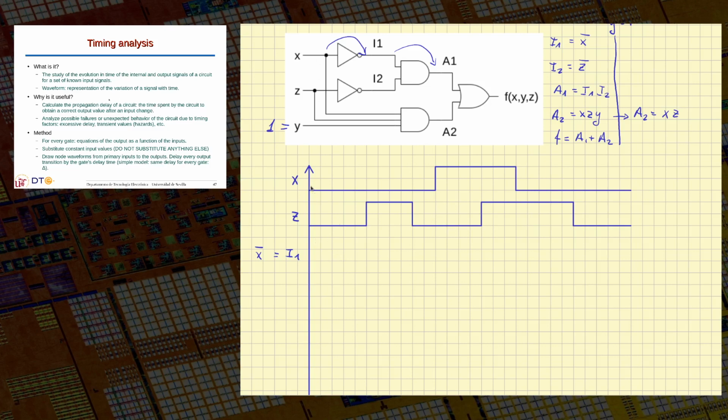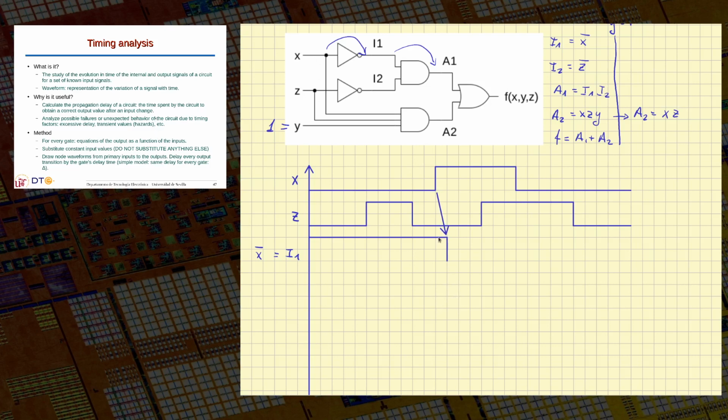So if X starts being 0, I1 will start being 1, and it will be 1 up to this point. At this point, X changes the value to 1, so I1 will change to 0, but will not do it immediately. It will take one delay to change. So the change will take place at this point, okay? The time spent from here to here, this transition causes this transition, okay?